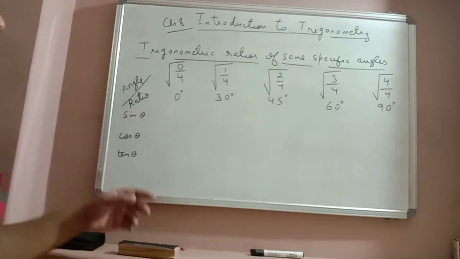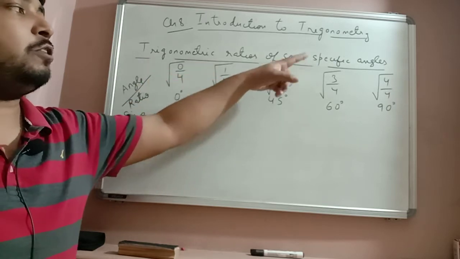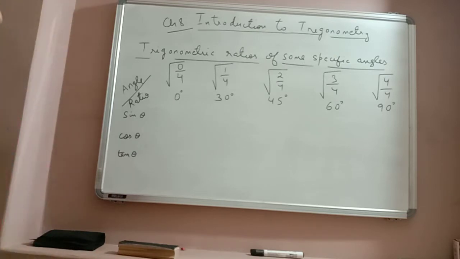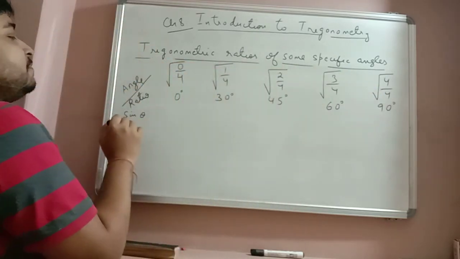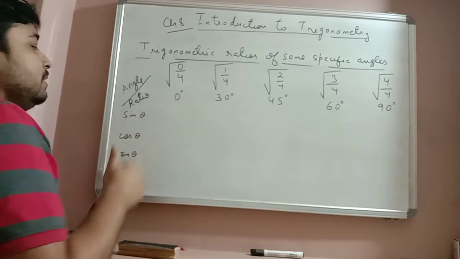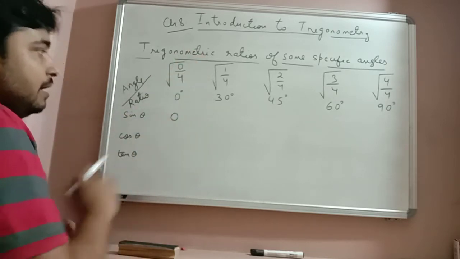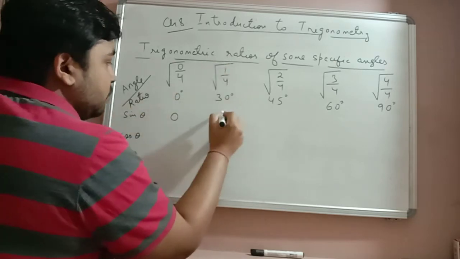So this is pretty simple. 0 by 4 under root, 1 by 4 under root, 2 by 4 under root, 3 by 4 under root, 4 by 4. Very simple to remember. Now actually these values are the values of sine theta, that is sine 0 is given by 0 by 4 under root, that is 0. Sine 30 degree is 1 by 4 under root, that is 1 by 2.